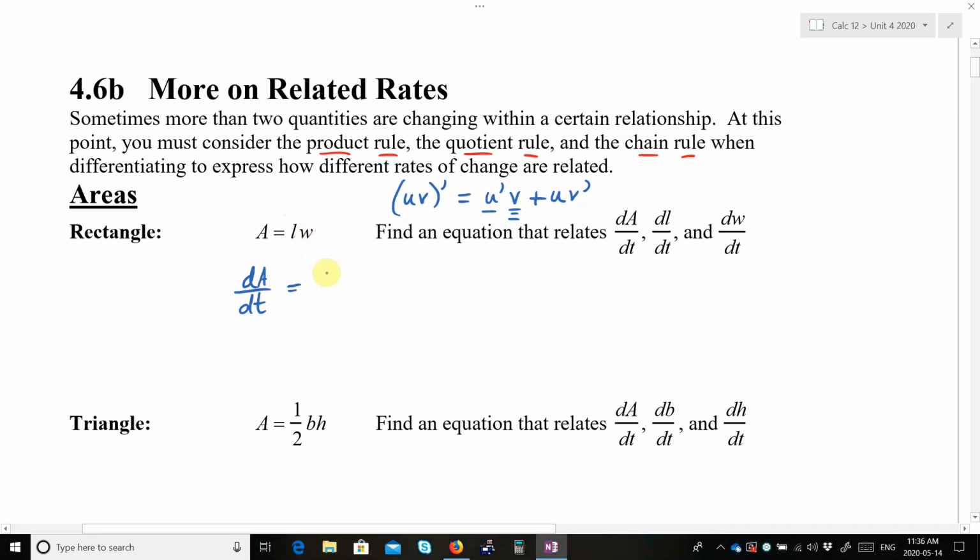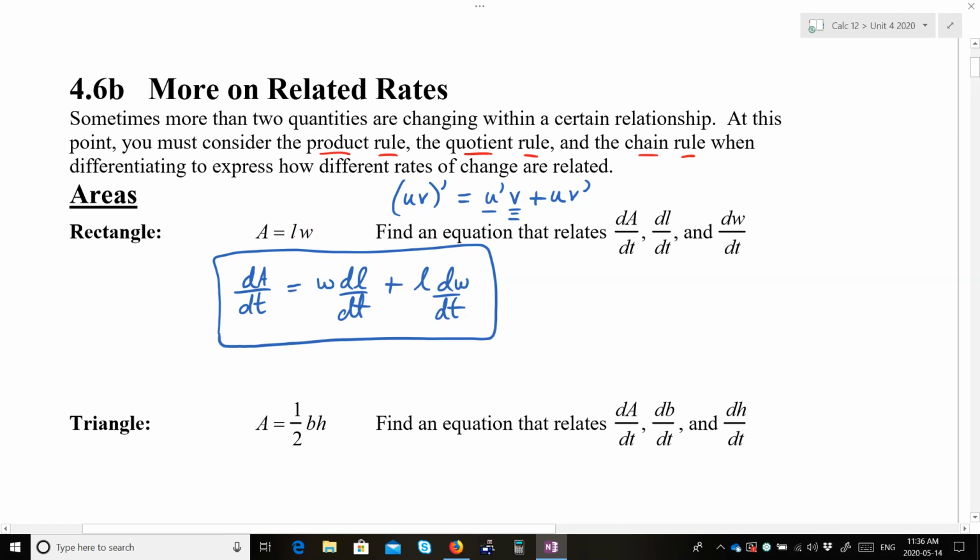So you multiply by the regular W out front and have dL/dt beside it. It just looks a little bit neater than going dL/dt times W. Then I did the derivative of the first times normal second, and then normal first times the derivative of the second, dW/dt, like that. That's how the relationship would look.